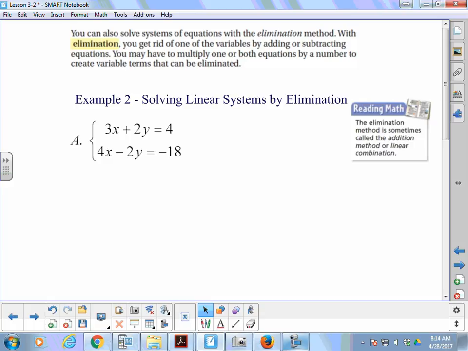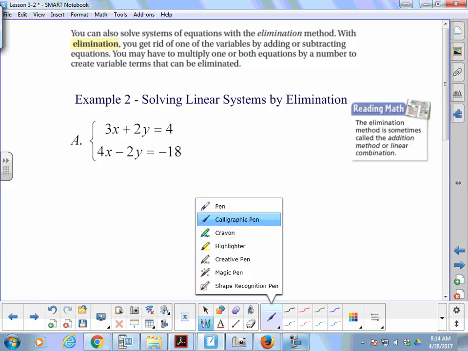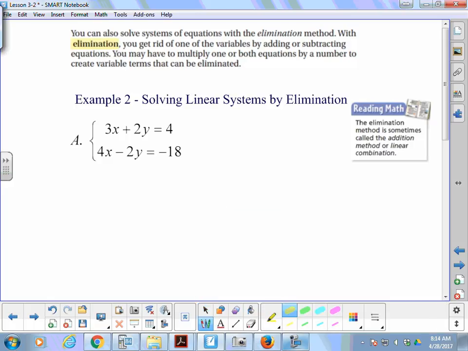So if we look at this first example, we can see that here we have a positive 2y, here we have a negative 2y. Because those coefficients are opposites, when I add them together I get 0. So that eliminates the y variable, and then I'm just working with x.